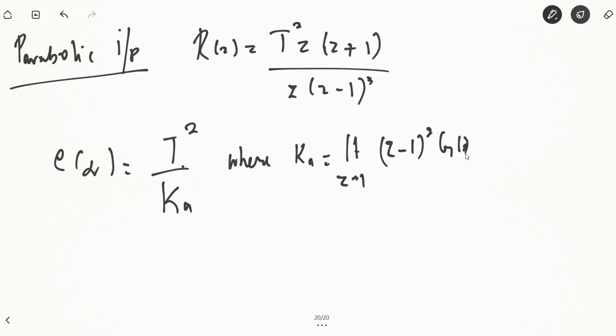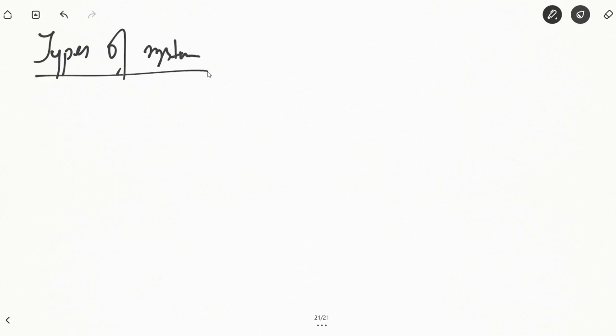So for different types of system, you have already done the type of system using the s domain. So you define the type of system depending upon the poles, whether they are at the origin or not.